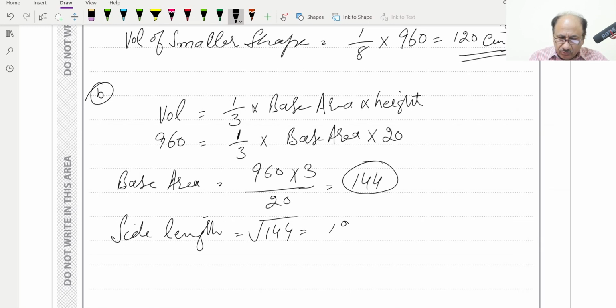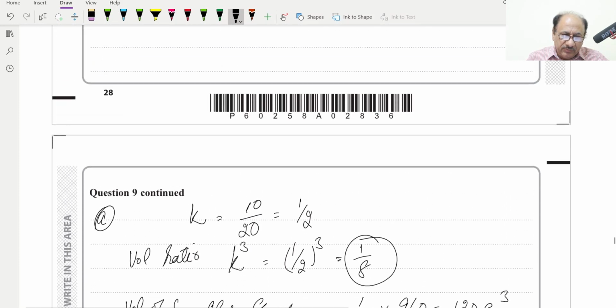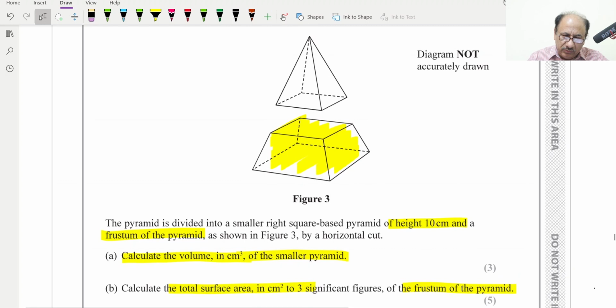So it is equal to 12 centimeters. So one side will be 12 centimeter, which we have just found. In this case we are discussing this shape, so this is 12 centimeters, and this side is also 12 centimeters.